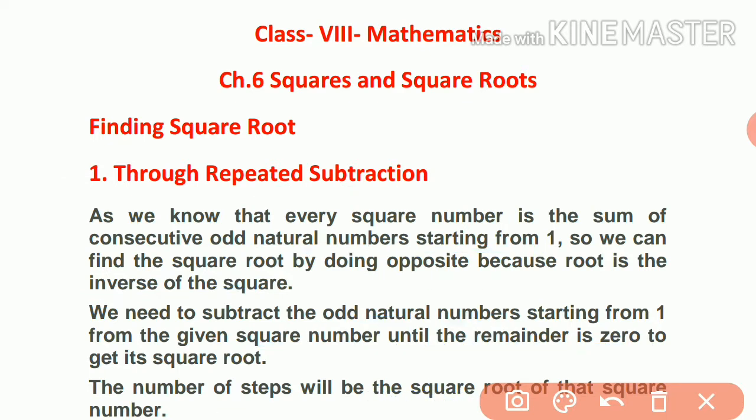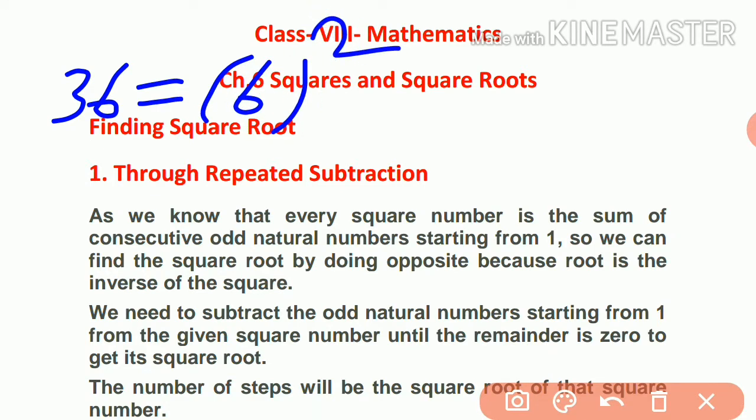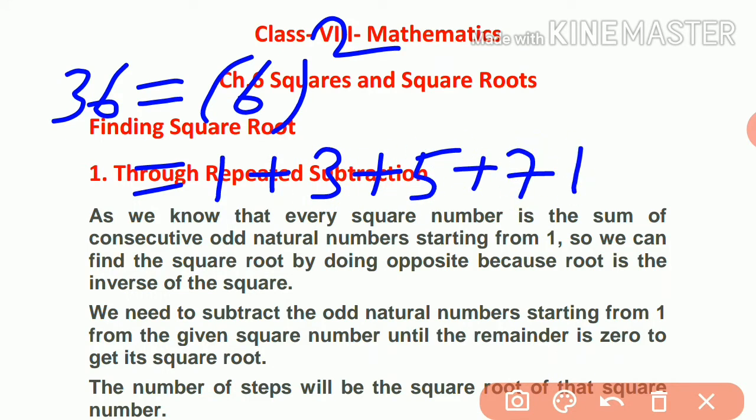Suppose 36 can be written as the square of 6. So we can write 36 as the sum of 6 odd natural numbers starting from 1, that is 1 plus 3 plus 5 plus 7 plus 9 plus 11.